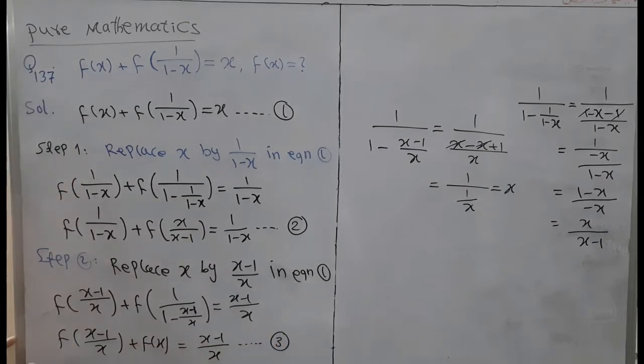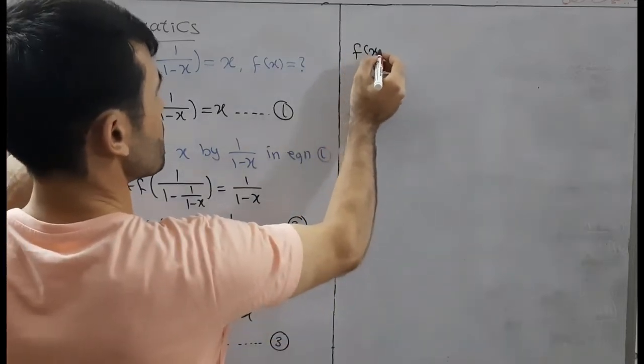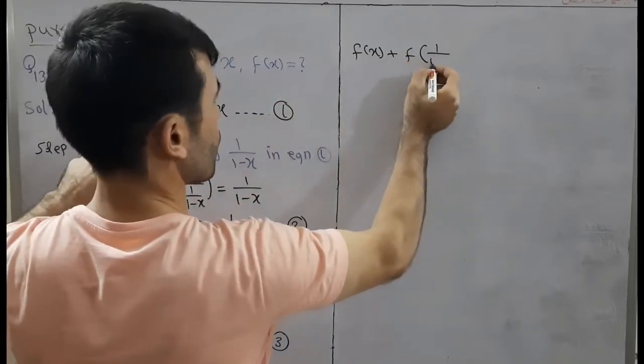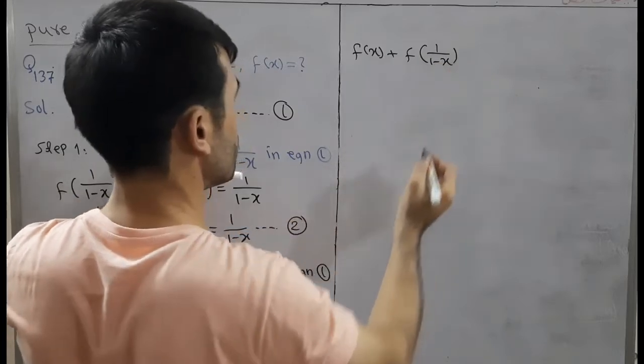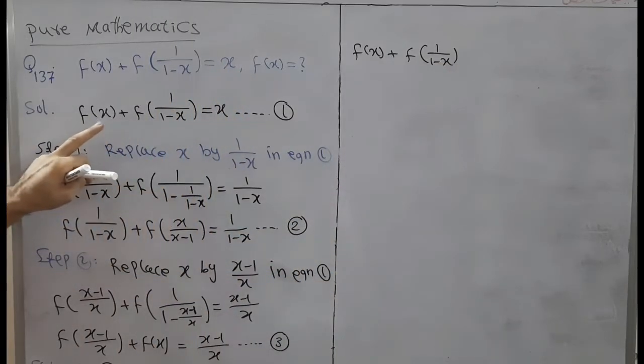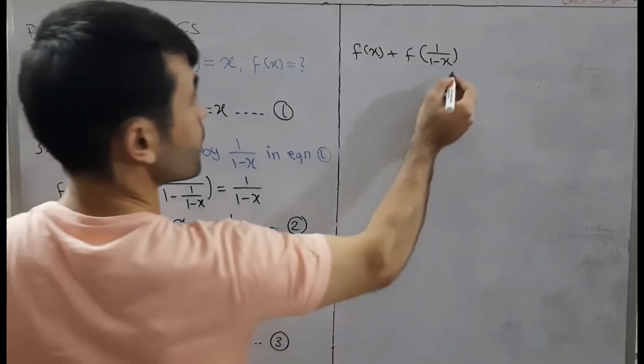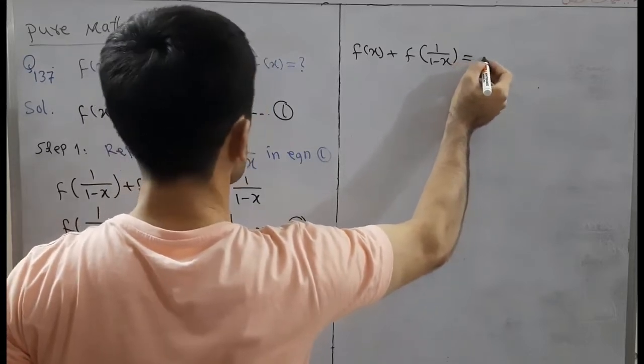Now step 3. Here in step 3 we add equation 1 plus equation 2 minus equation 3. Equation 1: f of x plus f of 1 over 1 minus x is equal to x.